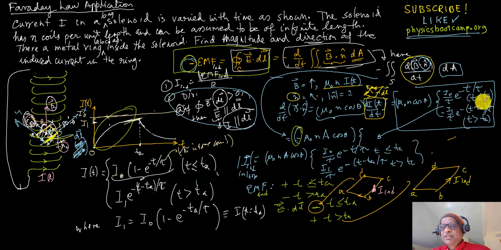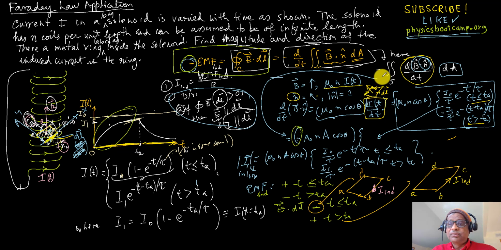So for t less than ta and t greater than ta, you have a different formula. So there are two functions here, one function with two domains, right? From here to here, there's one kind of situation, and from here onwards there's another situation.